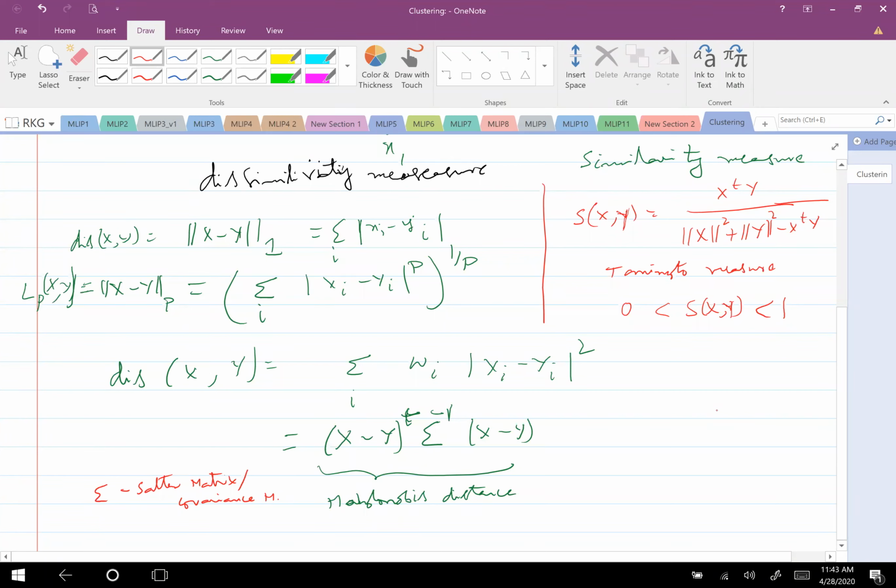So this is referred to as the Tanimoto measure, I said, right? The expression is x transpose y by norm x square plus norm y square minus x transpose y. And then for the most similar x and y, what will s of x comma y be?